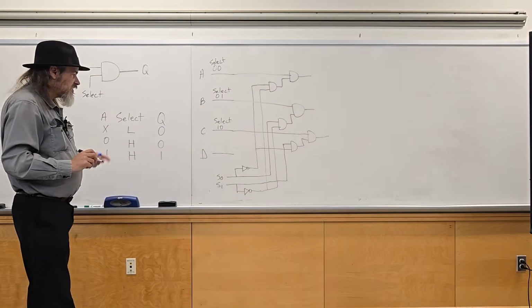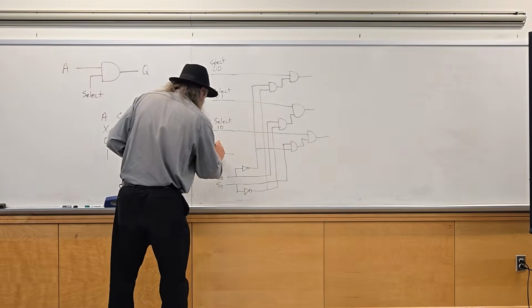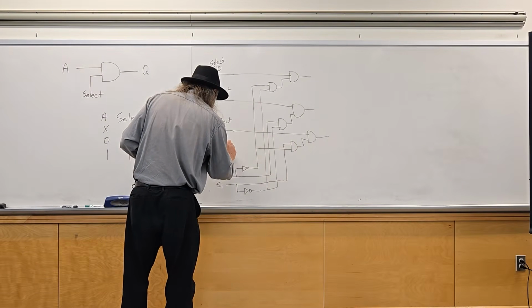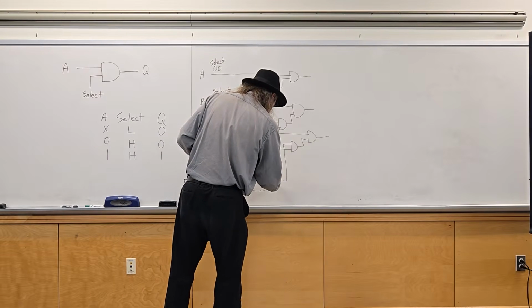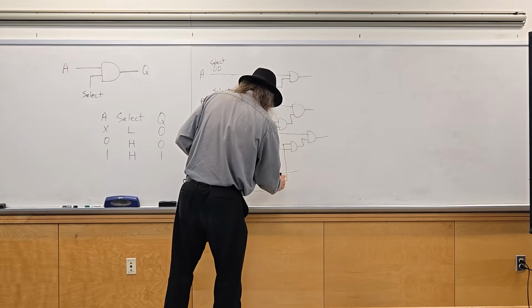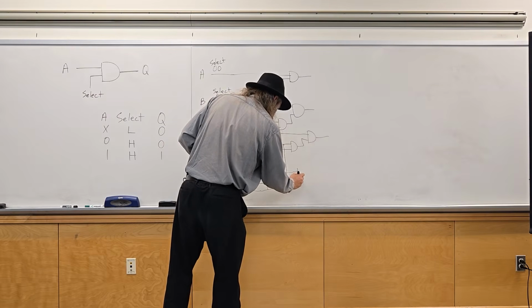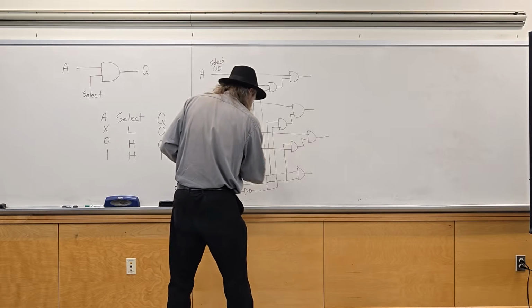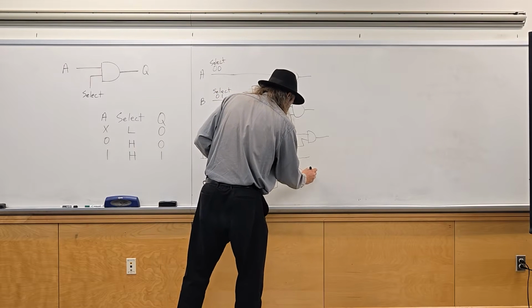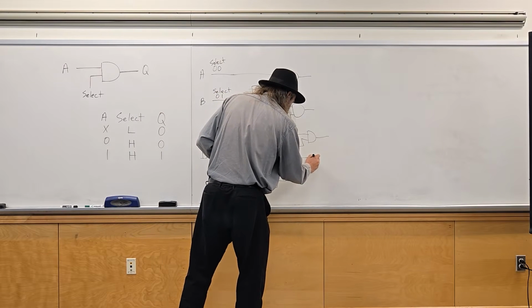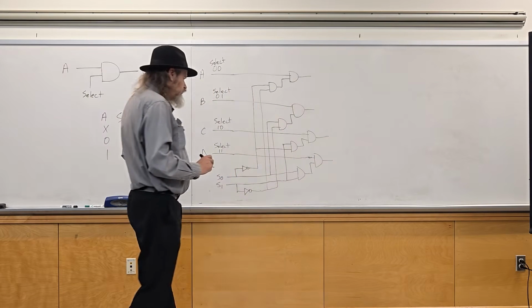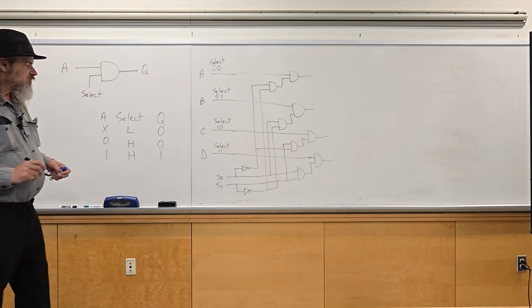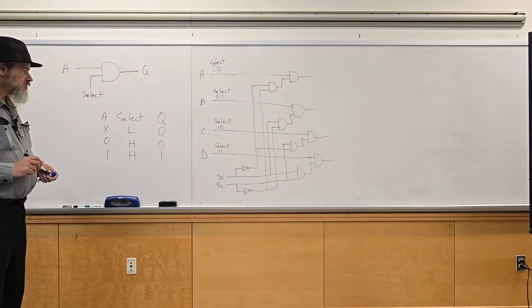All right, and then finally D select is going to be 1, 1. So it'll be S0 and S1 ANDed together to be the selection for that AND gate.